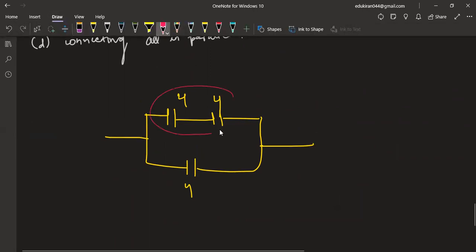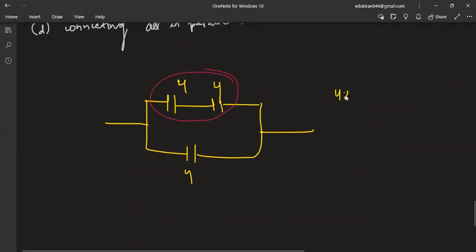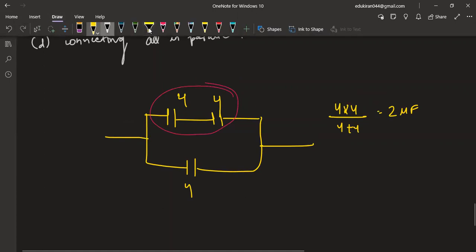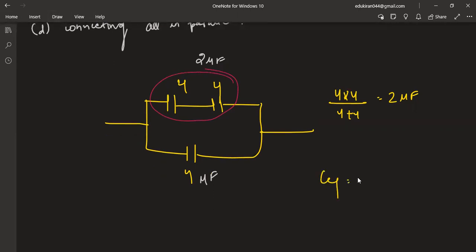Whenever you have to solve capacitors in series, directly divide by 2 if they are identical. Or you can do it this way also, 4 into 4 divided by 4 plus 4. That will give you 2 microfarad. This is 2 microfarad and this is already 4 microfarad. So now equivalent capacitance will be 2 microfarad plus 4 microfarad, 6 microfarad.